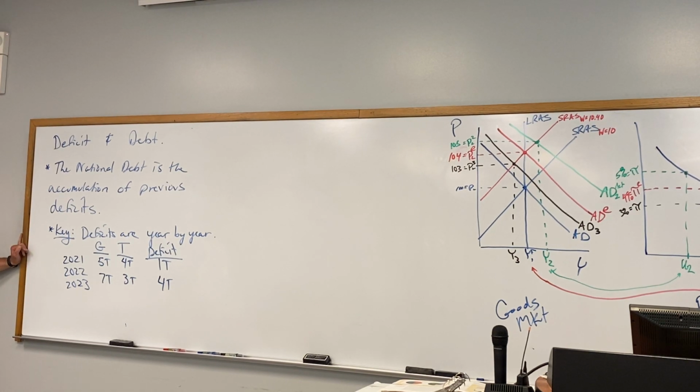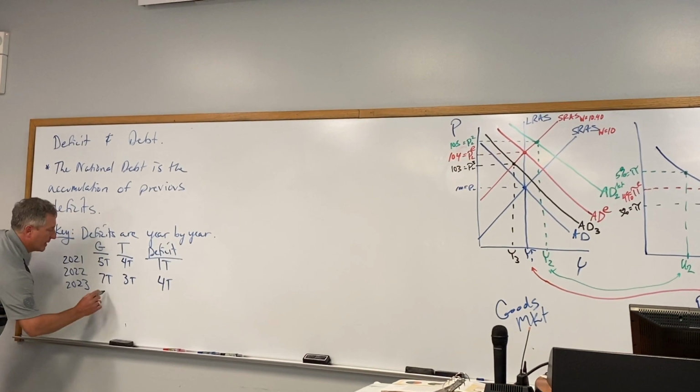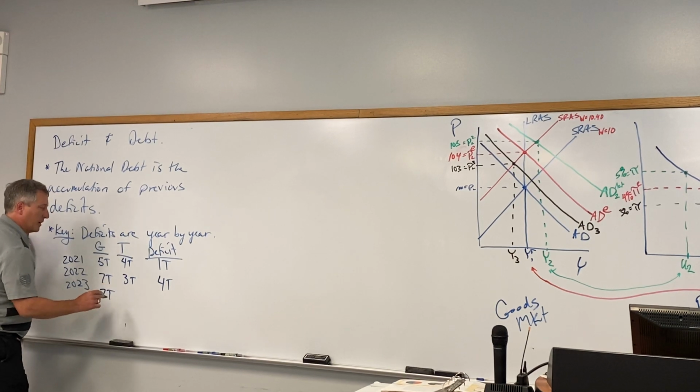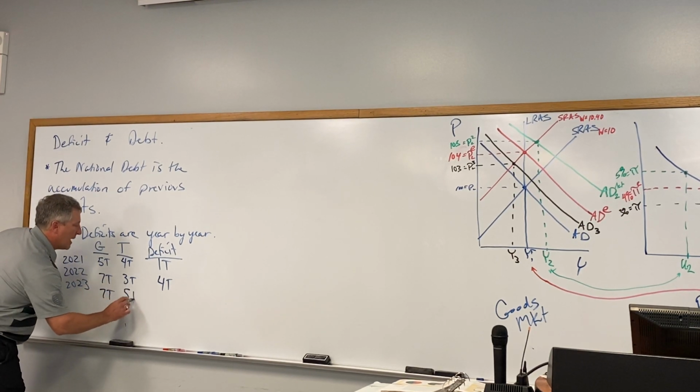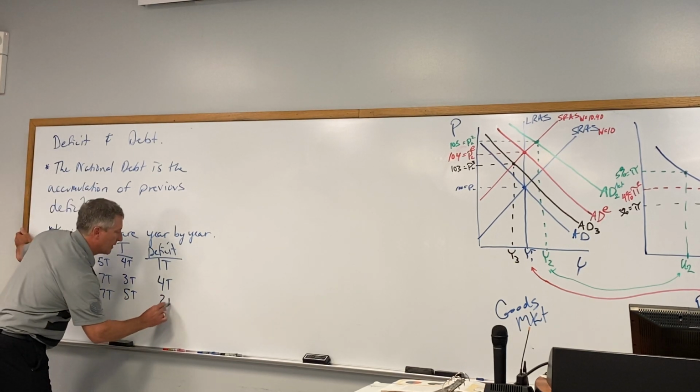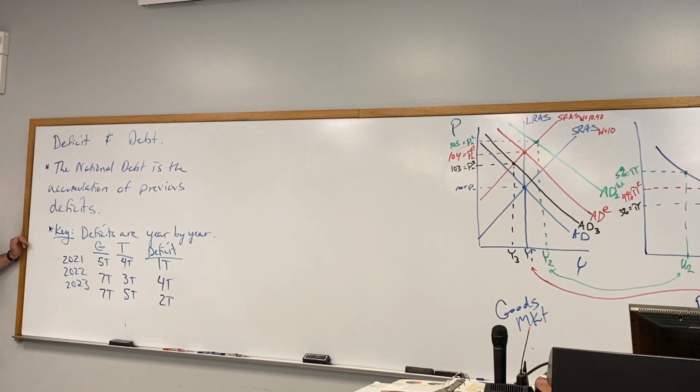That's how much we were short with tax collections. And then in 2023, we spent another 7 trillion, but some people were back to work, and so maybe we had 5 trillion of tax collections, giving us 2 trillion of deficit.